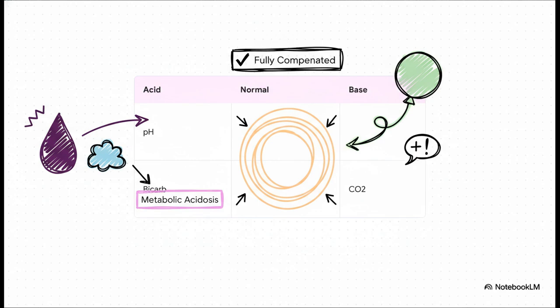Is it low, normal, or high? Then CO2, and you have to remember a high CO2 is acidic, so it goes in the acid column. A low CO2 is basic. Bicarb is the opposite. Once you've placed all three, just look for the column that has two values lined up. That's your primary problem. And that lone value, off in its own column, that's your compensation. It shows you how the body's trying to fight back.